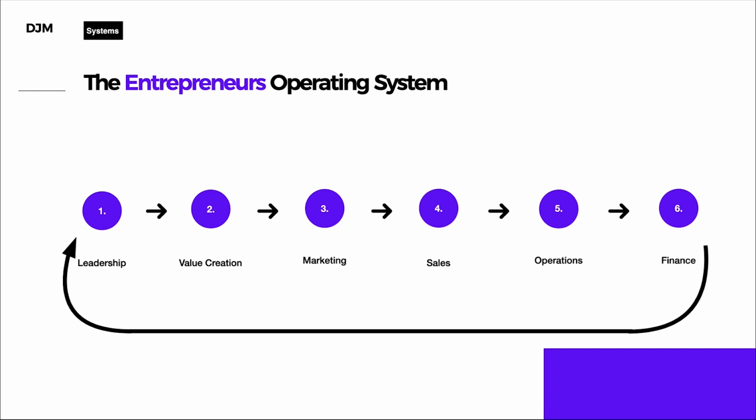So you're able to understand and look at, okay, maybe it is the value creation. Maybe we don't have a good offer. Maybe we actually are not offering what it is that people actually want, and therefore they're not buying from us, because we're doing marketing very well and we're doing the sales and operations and the finances are all handled very well, but we haven't looked at our product in a long time.